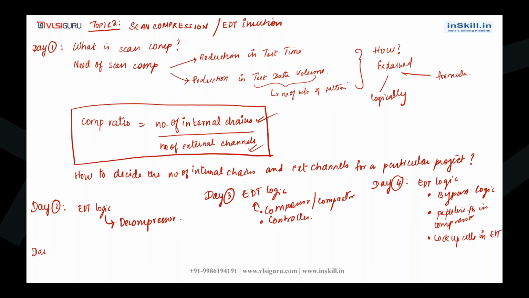And then on day 5, we'll try to understand, like this compression ratio I told, right? Compression ratio is the number of internal chains by the number of external channels. We usually make sure that this compression ratio doesn't exceed 100x.